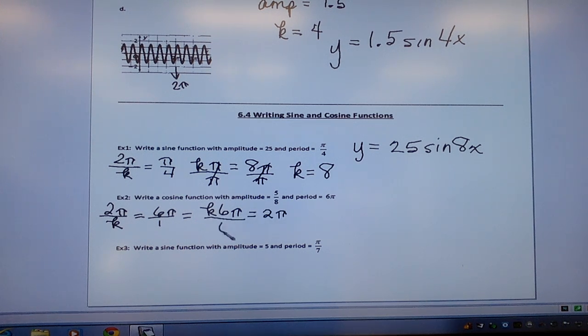Divide both sides by 6 pi. Cancel your pi's. And k equals, this is 2 over 6, but we want to reduce that to 1/3. So y equals 5 over 8 cosine. Since there's a 1 at the top, we can just put that as x over 3 instead of putting 1/3 x.